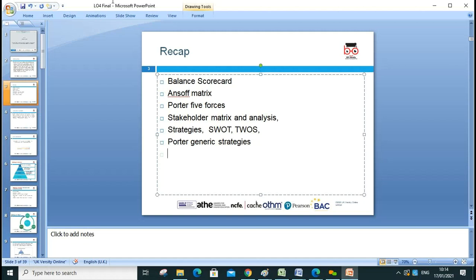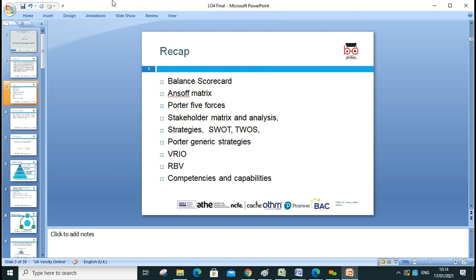Yes, these were the key points. We discussed the VRIO model and the resource-based view. We discussed competencies and capabilities. That's the key, the things up to now we have learned in the last three lessons.